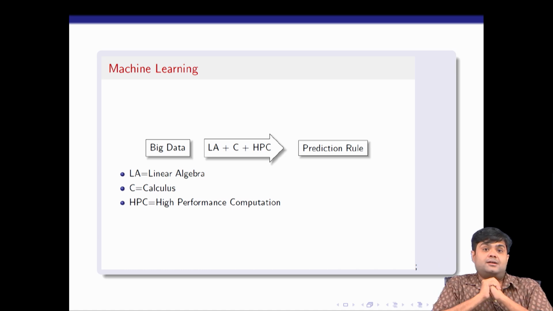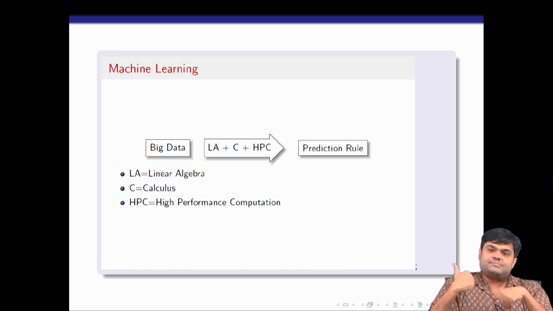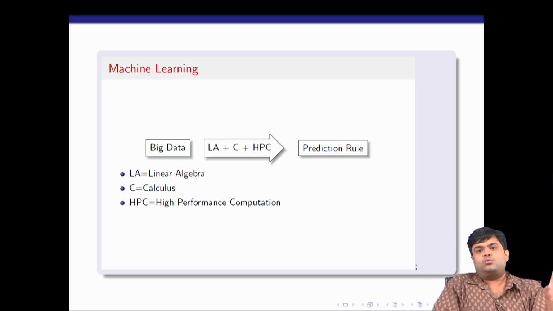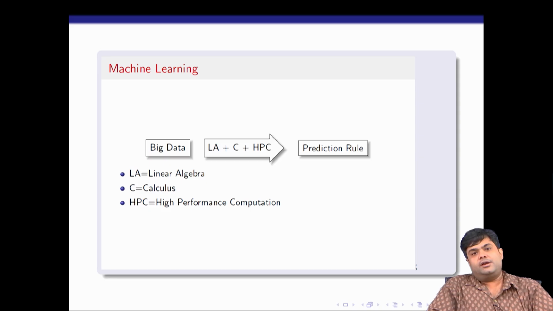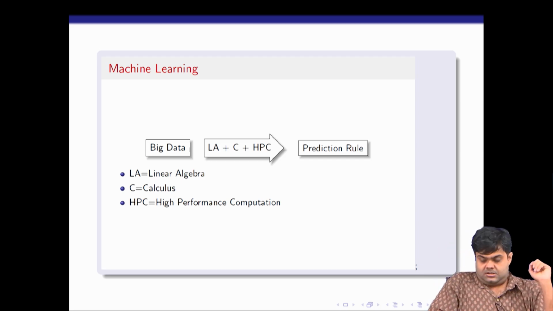So this is where the machine learning framework comes in. You have big data, you apply the same classical statistical methods of linear algebra and calculus to come up with a prediction rule, but to actually do the calculation you incorporate high performance computation to come up with this final prediction rule. So this is what the machine learning framework does.